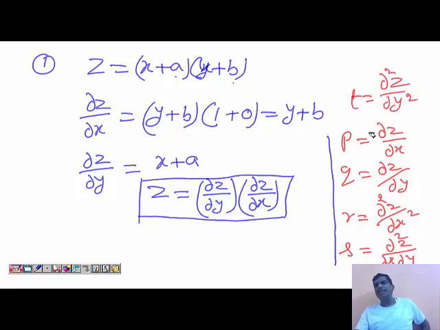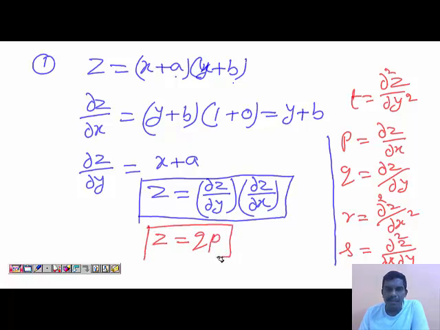The normal notations for the partial derivatives of first order and second order are p, q, r, s and t. Using these notations, we can rewrite this equation as z is equal to q into p, since dou z by dou y is q and dou z by dou x is p. This is the partial differential equation after elimination of arbitrary constants.